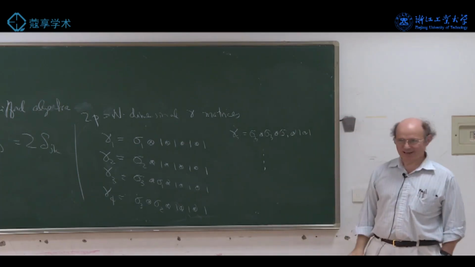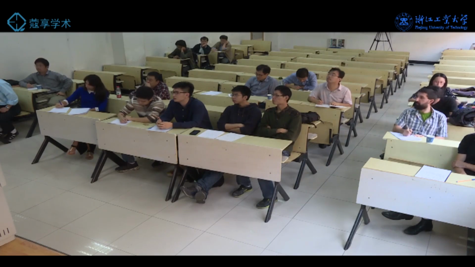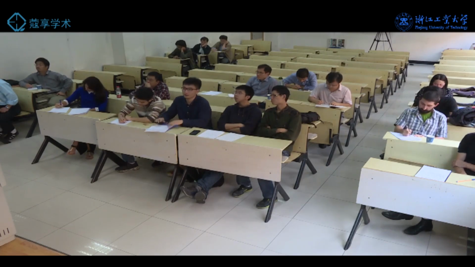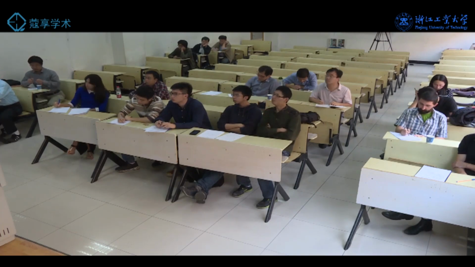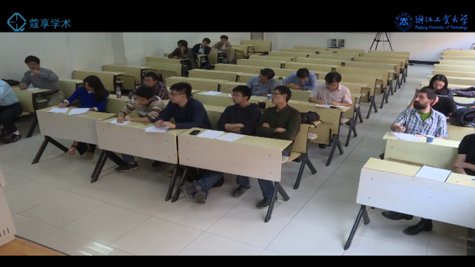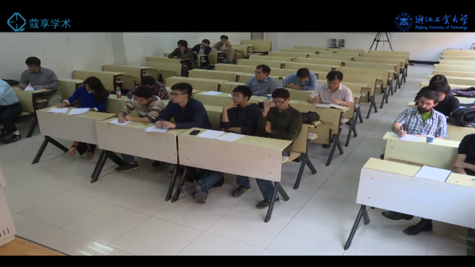And then I think you get the idea. So finally gamma 10 will be sigma 3 cross sigma 3 cross sigma 3 cross sigma 3 cross sigma 2. That's one particular representation of the Clifford algebra.